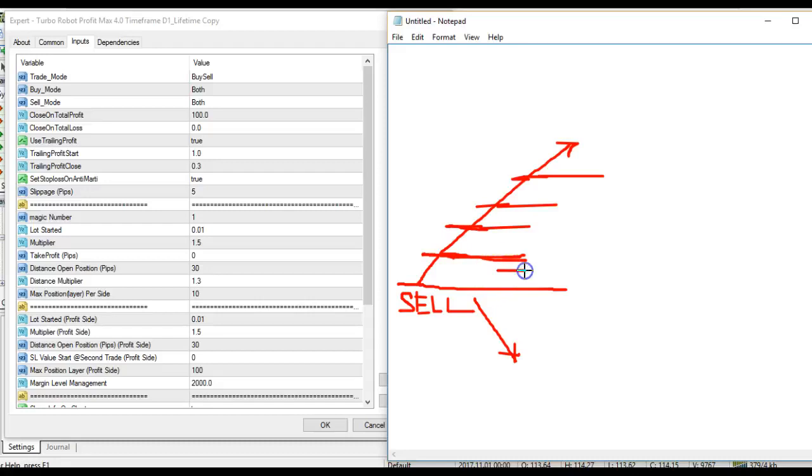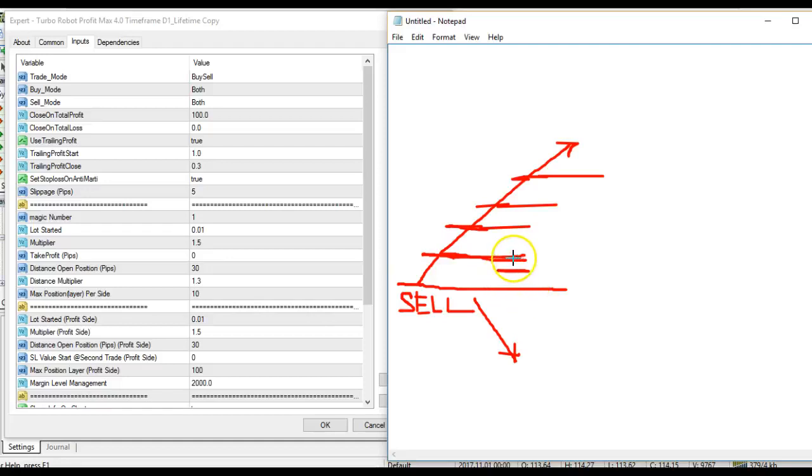So your TP here will be over here, at 10 pips. And then if you are losing, say you are 10 pips over here, and your distance here is 30, that will be a losing value. So you should put this TP higher.